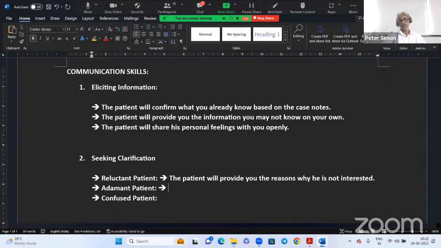Frightened patient. All different labels you can give. He will express his disinterest and distrust in the procedure, maybe.